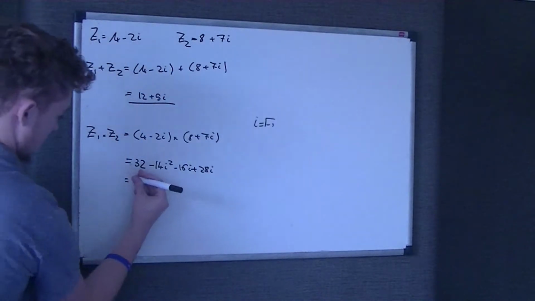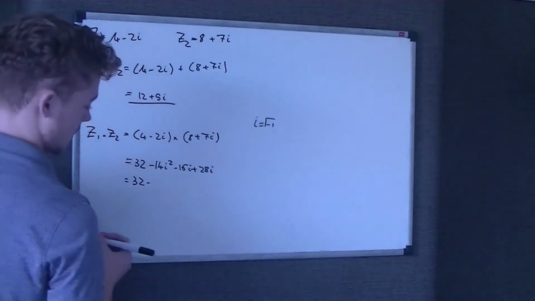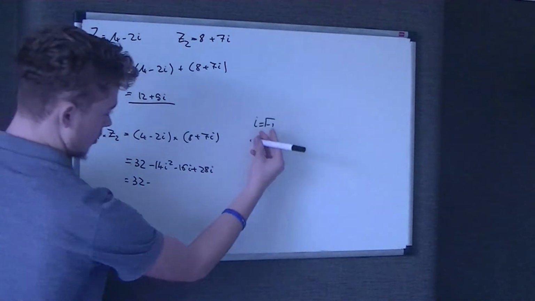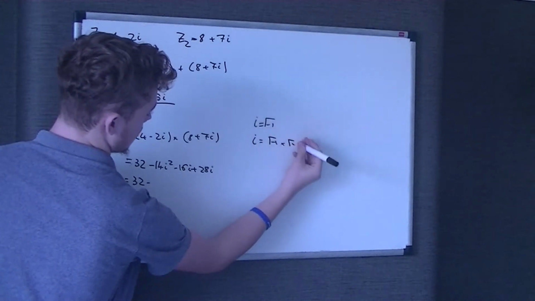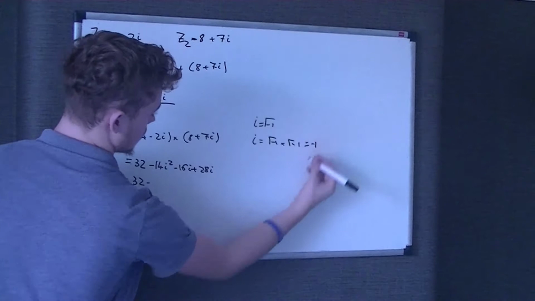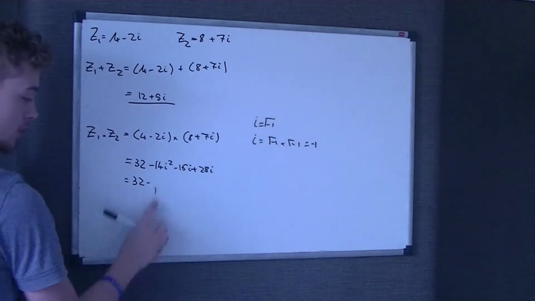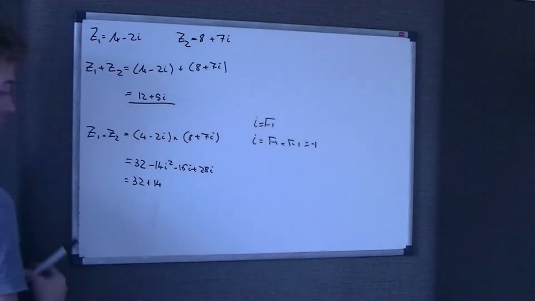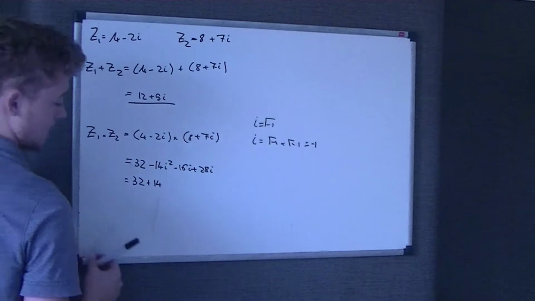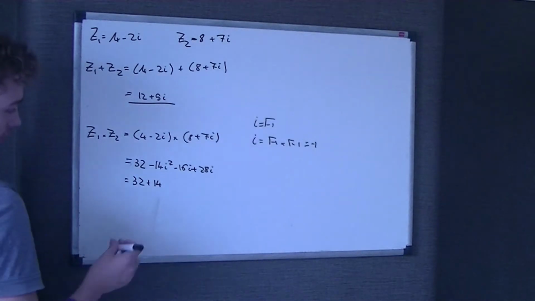So simplify this down: we get 32, take, and because i is root minus 1, root minus 1 times root minus 1 gives us minus 1. So it's minus 14 times minus 1, so it becomes take away negative 14, which is plus 14.